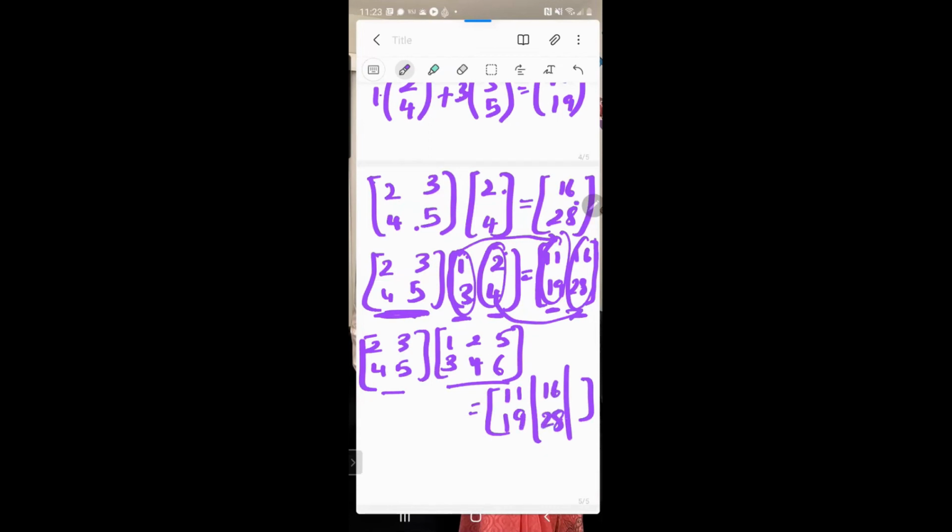What is the third column? So this is where this one landed, this is where this one landed, and this is where this one lands. So where does the point 5, 6 land under this transformation 2, 3, 4, 5?